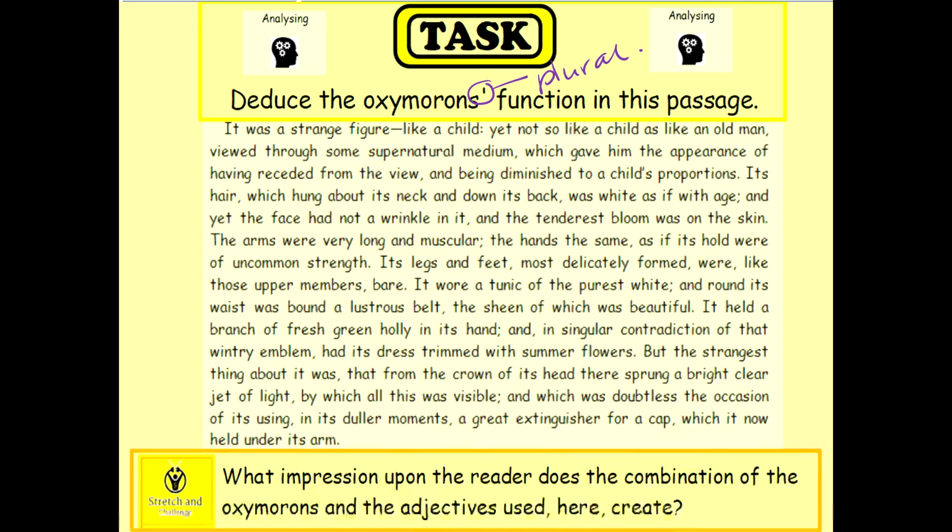So we're going to focus at the beginning of this: like a child, yet not like a child, like an old man, and we're going to look at the white with age and not a wrinkle in the face. These are the things that we're going to pay attention to in this. So we're going to have like an old man, like a child, this bit here. Why are these oxymorons here?